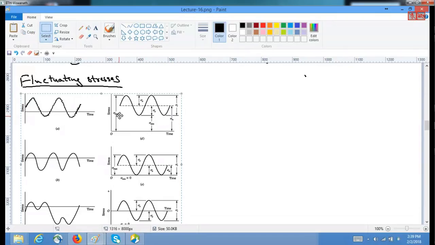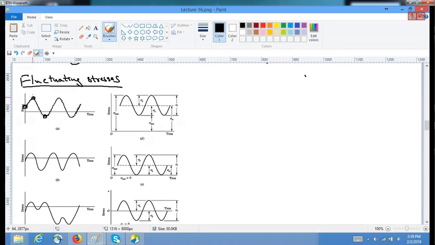Further, in this case you can see that this is the zero and this is the stress, and here the starting point is a non-zero stress. The lowest point is negative, the highest point is positive.